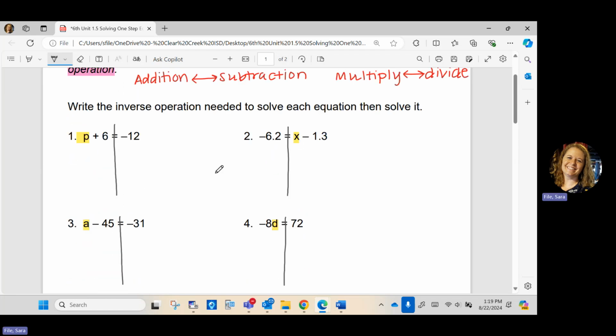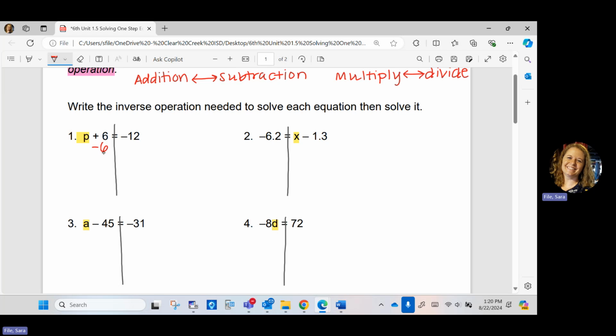So if I want to isolate the P, what is the opposite of plus 6? What do we say the opposite of addition was? Subtraction, right? So the opposite of plus 6 is minus 6. And what you do to one side, how do we keep the equation balanced?